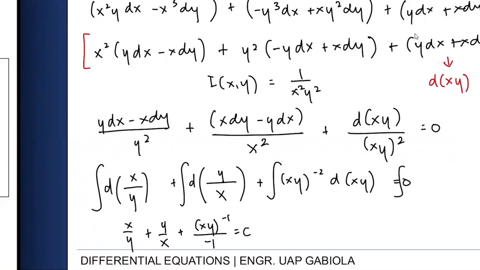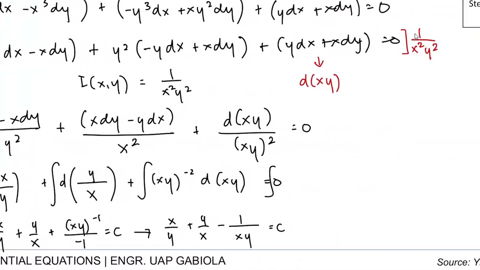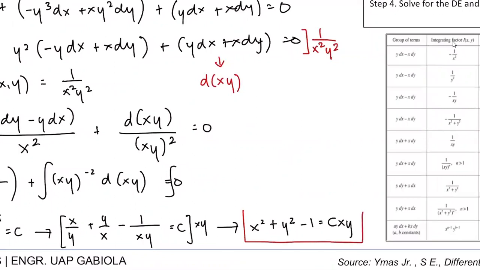Now, to simplify this further, it can now be equal to x over y plus y over x minus 1 over xy is equal to c. So, we can multiply both sides by xy. This can now be equal to x squared plus y squared minus 1 is equal to cxy. So, this will be your final solution for this given differential.